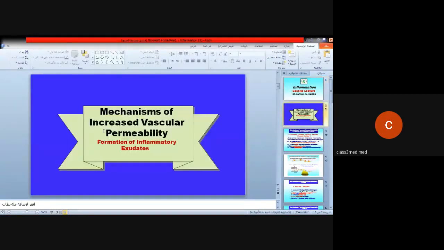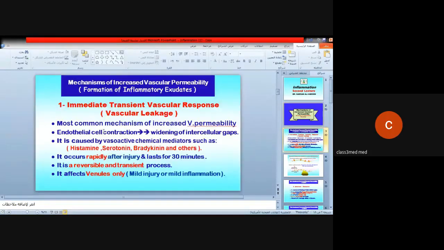So we start with the mechanism of increased vascular permeability and formation of inflammatory exudates in acute inflammation. The first mechanism of increased vascular permeability is immediate transient vascular response or vascular leakage.